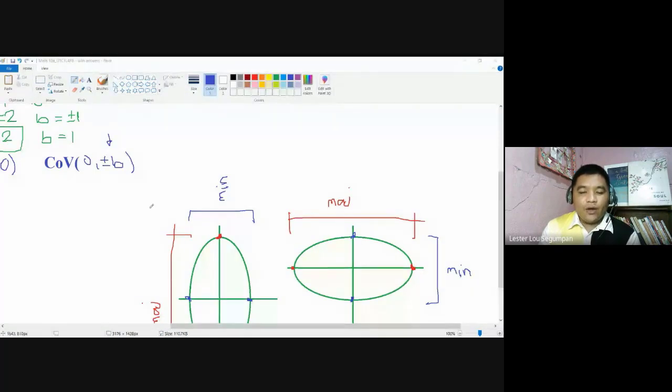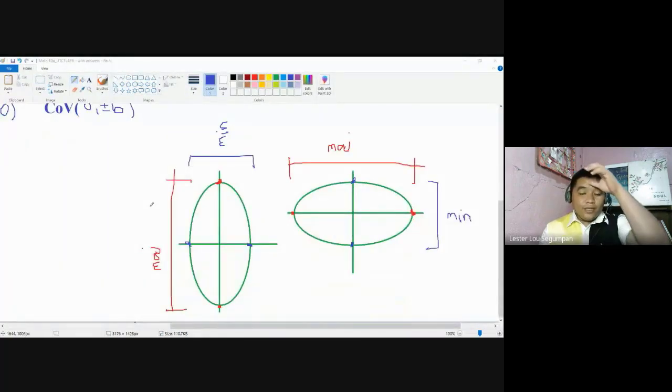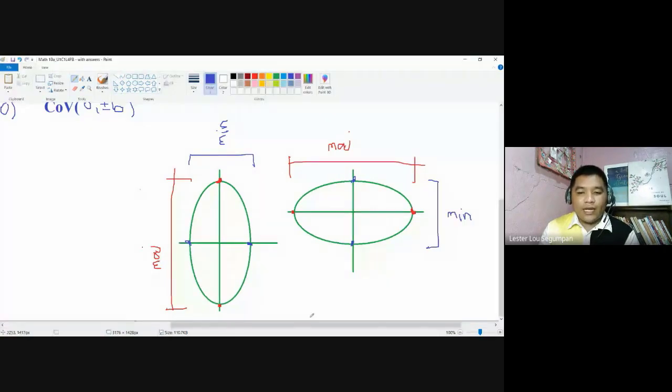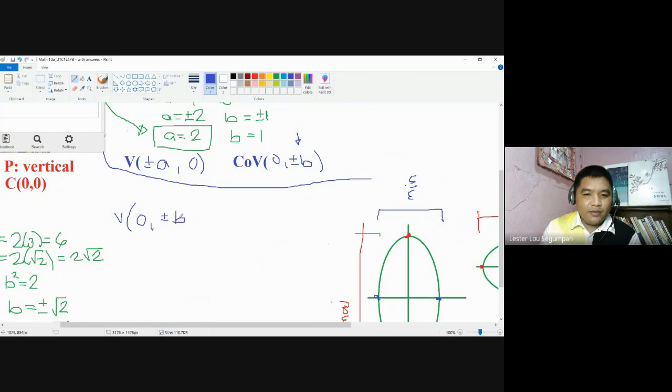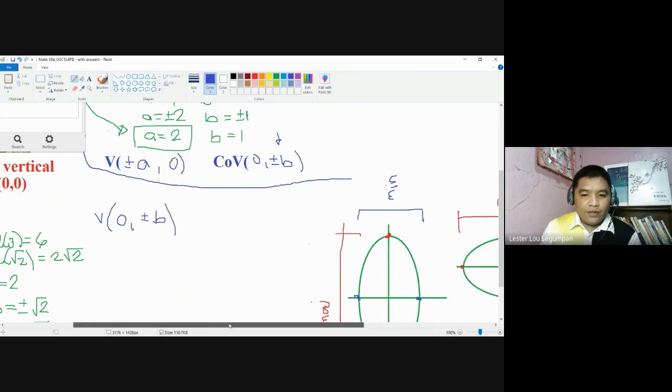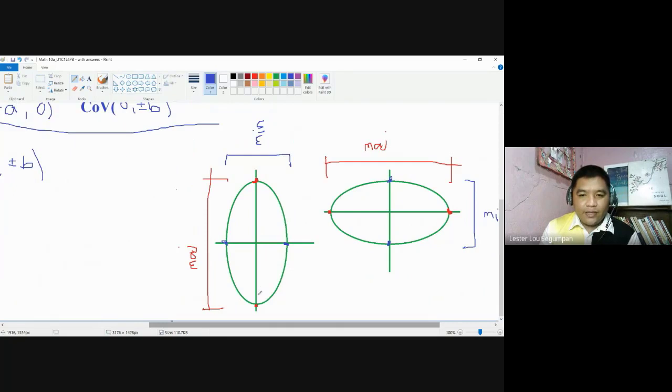As for the vertical form, again the major axis has A and the minor axis has B, but the vertices and co-vertices will be turned around as for their coordinates. So this is for number one alone, but for number two, the vertices are at 0, plus minus B. As you can see, the vertices here, red, are similar to the blue earlier.